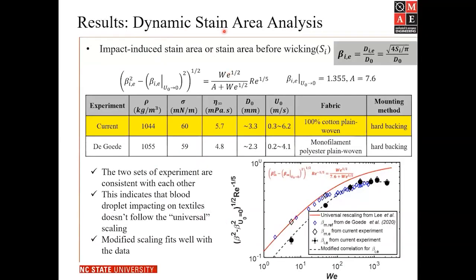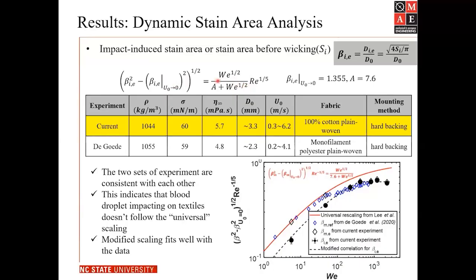And the other interesting parameter we want to discuss is the spread factor, or the stain area right after the impact. This is pretty much close to the outcomes for solid surface impact. And in the literature, generally we have a universal scaling law we can use for solid surfaces.